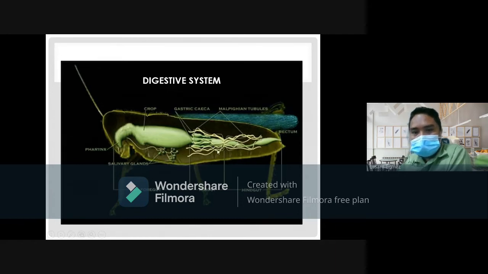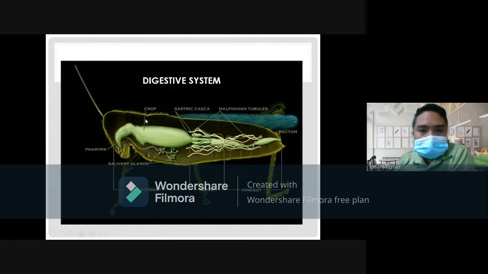The hindgut runs from the intestine to the rectum. Take note, 3 guts of an insect: the foregut, midgut, and hindgut.